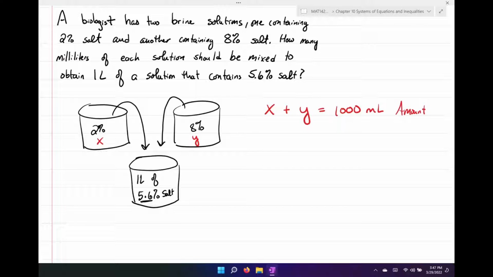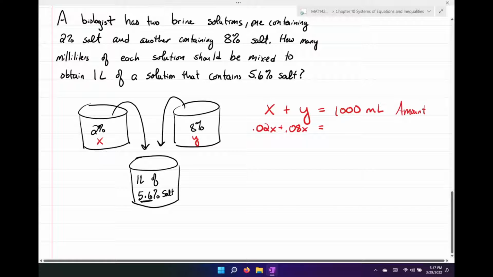Of the first solution, it's going to be 2%, and I'm going to add that to my 8% solution, and I have to total 1,000 milliliters of 5.6%. Now remember, we never use percents, so this is going to be 0.056. Like I said, we can call this our percentage equation.